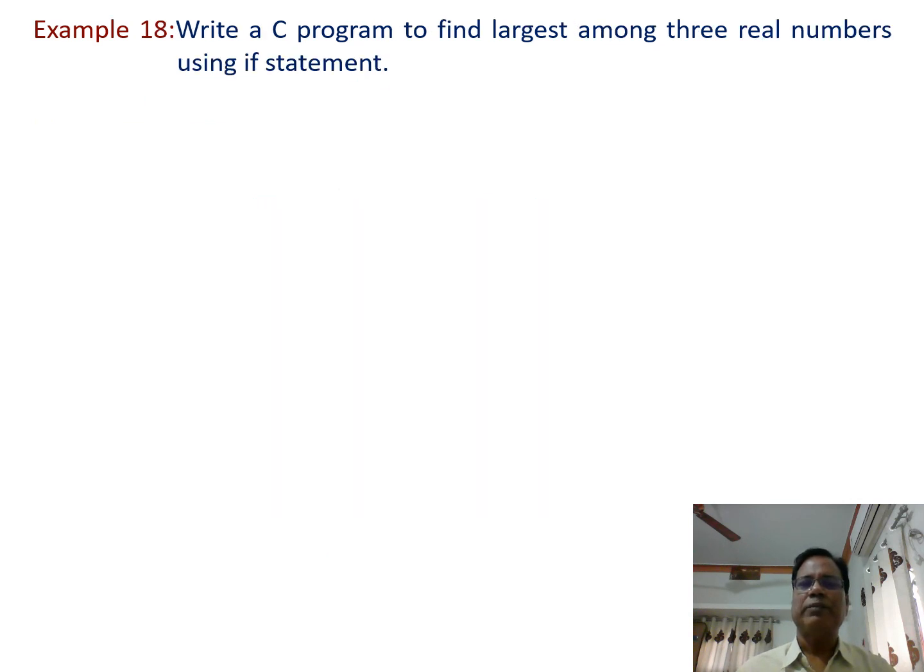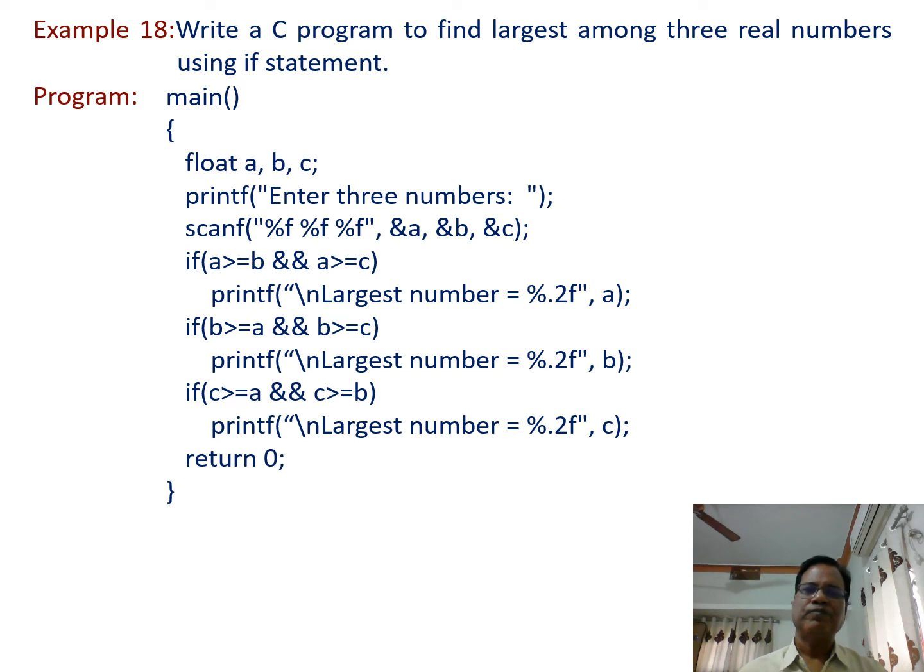Instead of integer numbers, suppose we have to find the largest real number, then what change should we make in the program? Just declare the three real variables using the float keyword, and also a message, enter three numbers, and using the scanf function, in place of %d, here we have to use %f because we are getting real data.